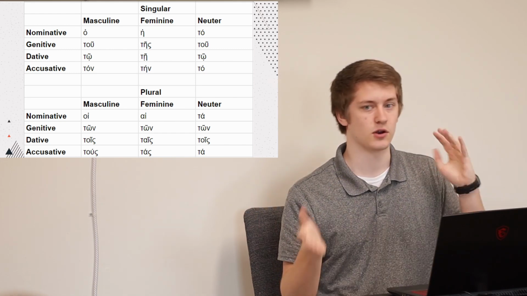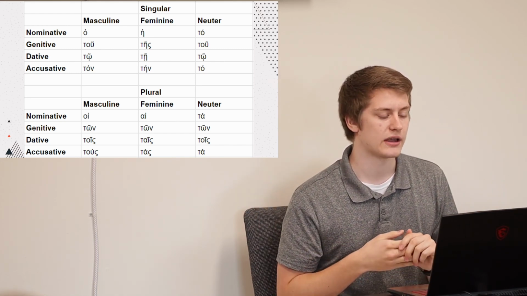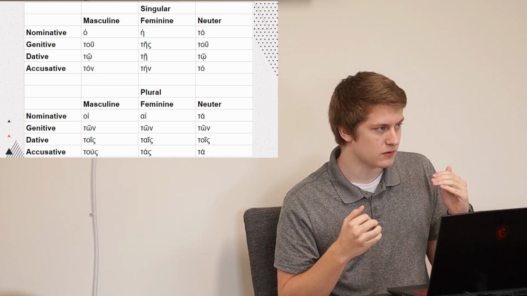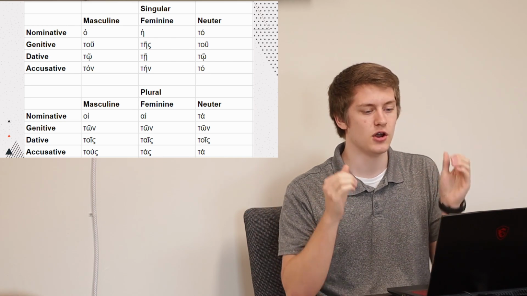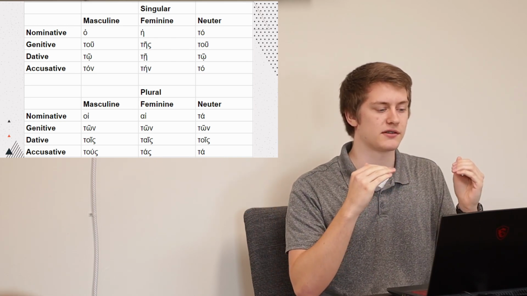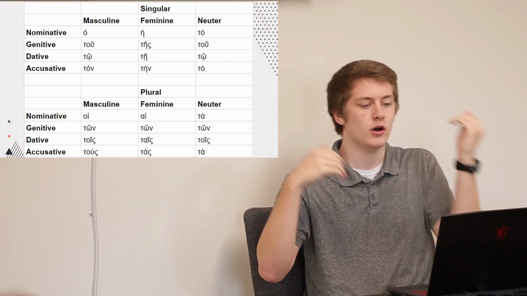Sometimes there's a lot of variation, but there are also some patterns, right? So if you look at the genitive and the dative, when we're looking at masculine and neuter, those are exactly the same. The masculine genitive is tou, the neuter is also tou.